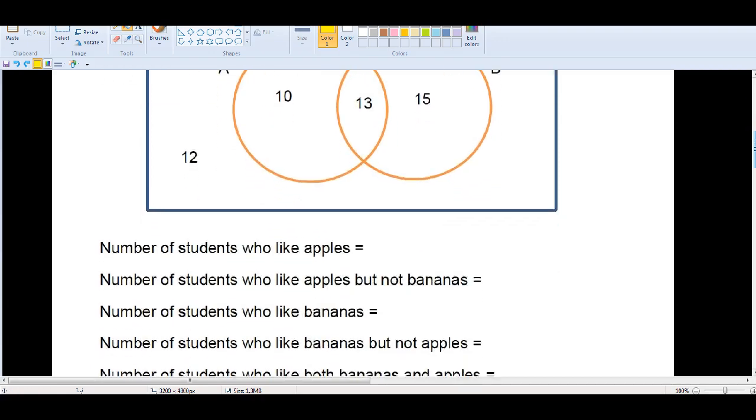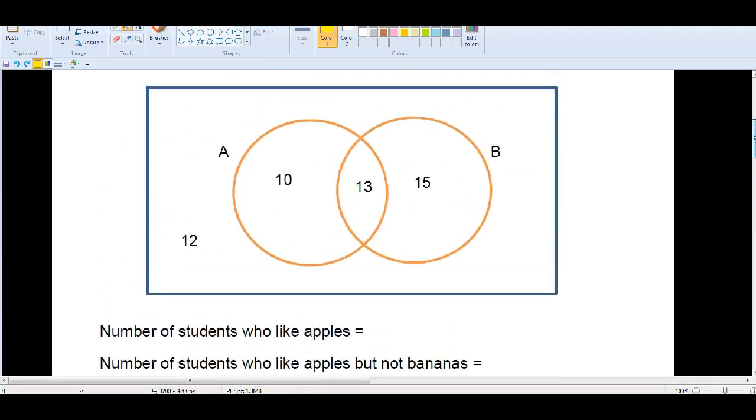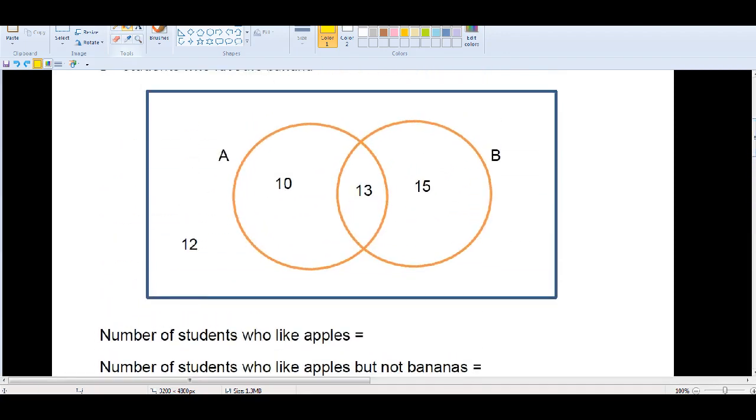Okay, let's see some questions. The first question is the number of students who like apples. We need to consider the circle of apples, the pink highlighted circle.